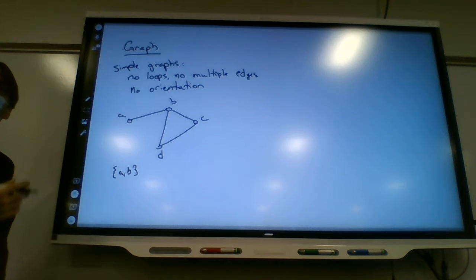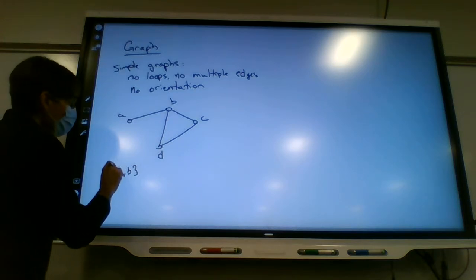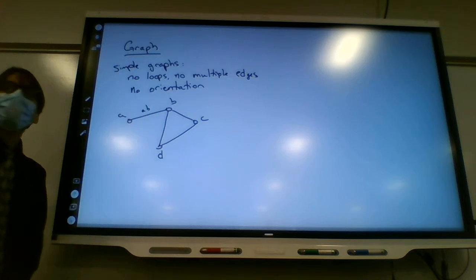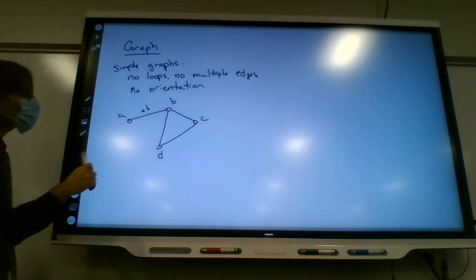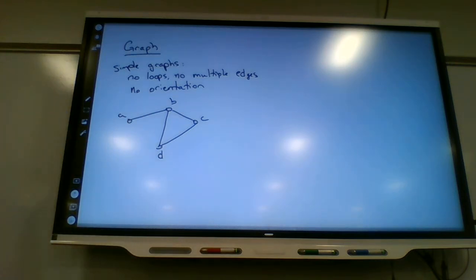Sometimes we write it as, especially if order matters, we write that with parentheses so that it's an ordered pair. We're going to be really lazy and just write it down like that. So that edge would be called AB, even though you might be going from B to A, we don't care, right? We'll just call it edge AB. Or sometimes if we really don't care, we just call it edge 1, 2, 3, 4.